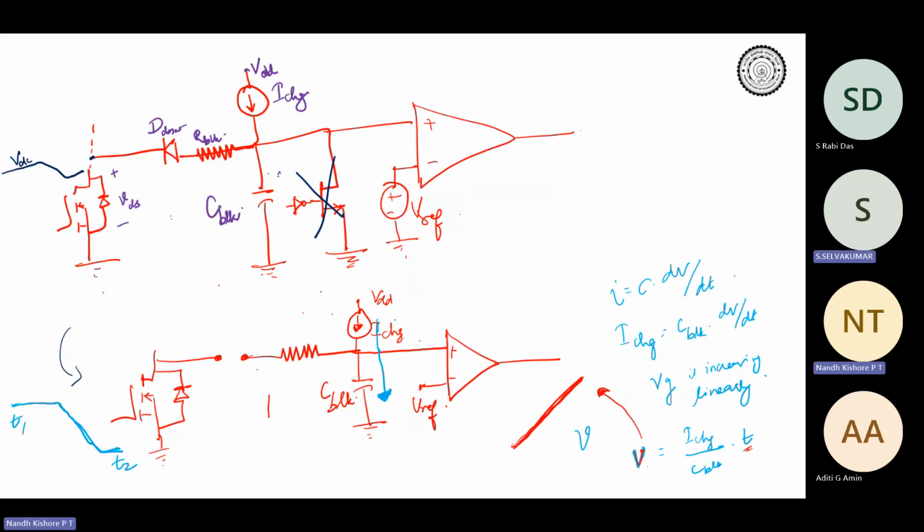So we want to make sure that during this transition from T1 to T2, your diode is anyway turned off. So we are not getting a sense of the actual voltage across the device. So during this period, I don't want my comparator to operate, because the comparator is not getting the actual VDS. Correct?